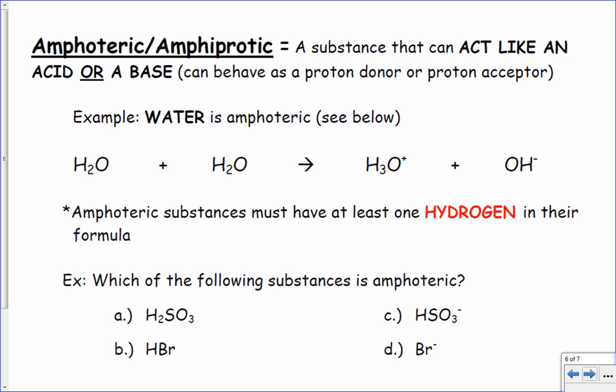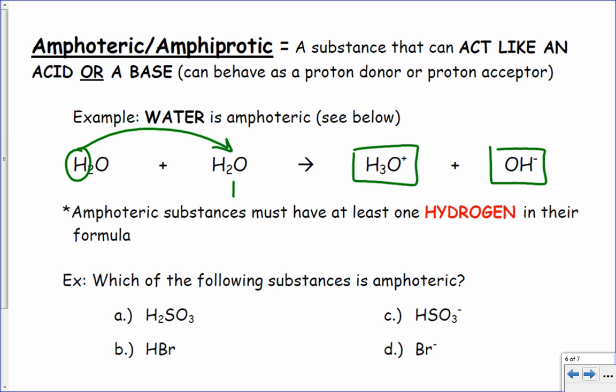I have H2O and H2O. One molecule can accept an H plus. One molecule can donate an H plus. So here I got one H going from here to here. And this becomes H3O, and this becomes OH minus. So water is amphoteric because it can be either one.